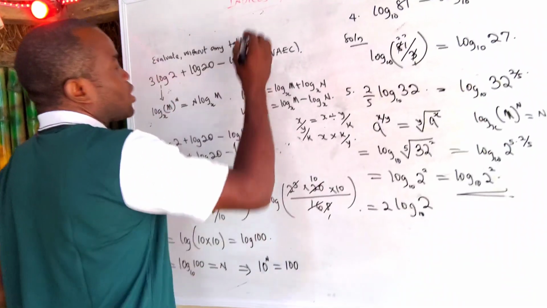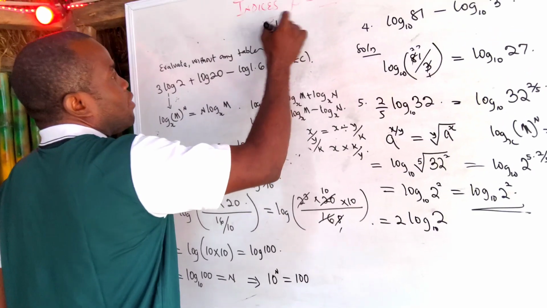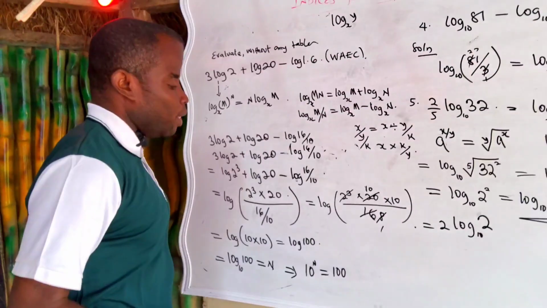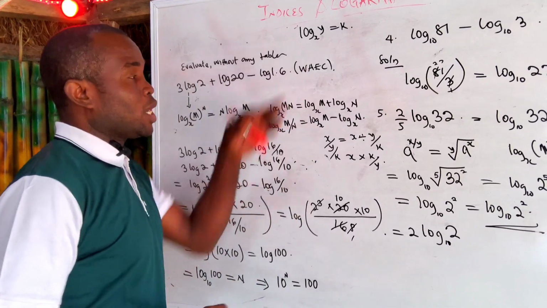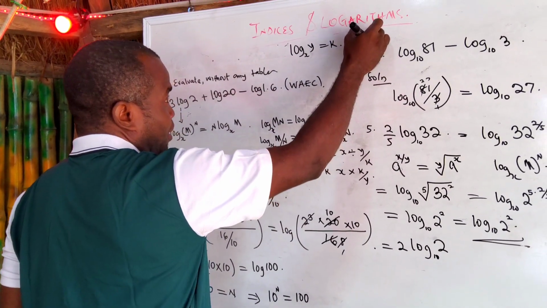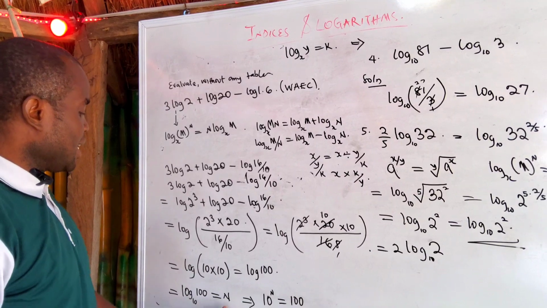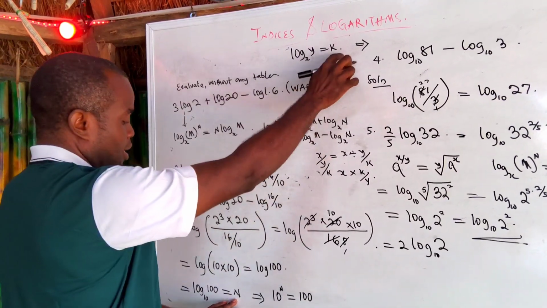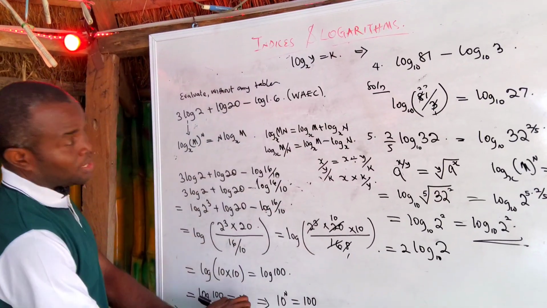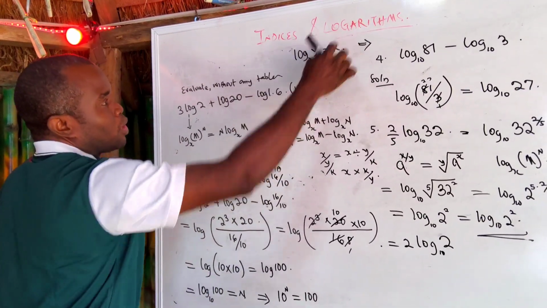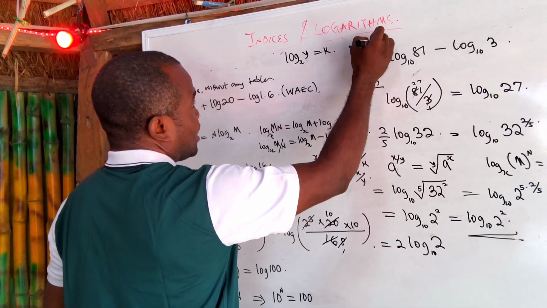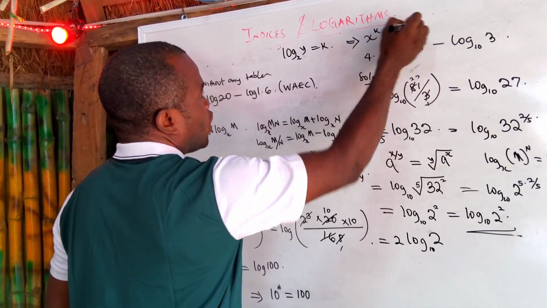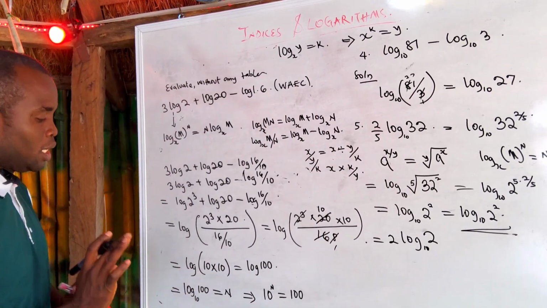If you have log to base x of y equals k, it simply means x raised to power k equals y. Simple and straight.